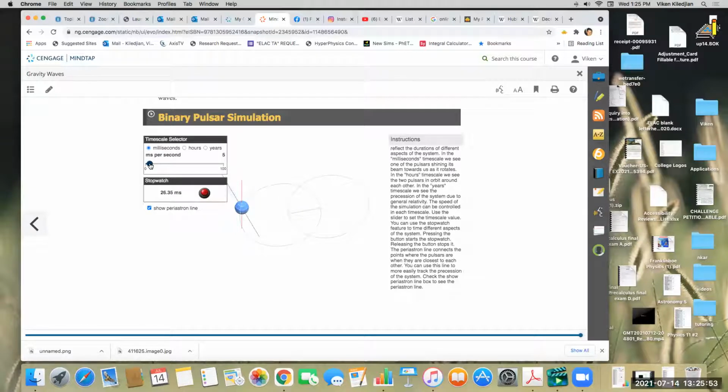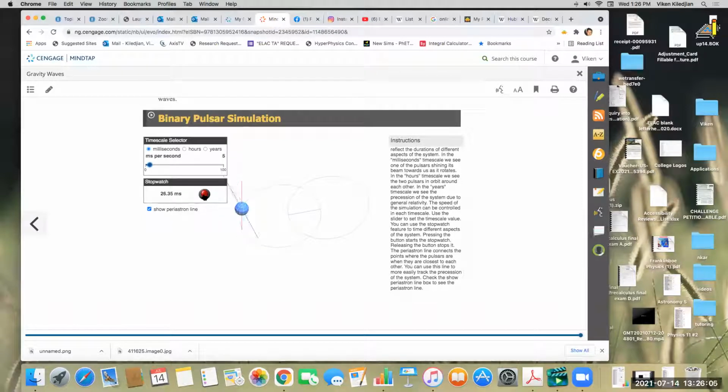The problem is when you try to slow it down. Okay, you're probably going to have to take a picture with one hand while stopping it with the other. Yeah, okay. So with my left hand, I can put the cursor, go. Okay, then with my other hand, I can take a picture once it completes one orbit.